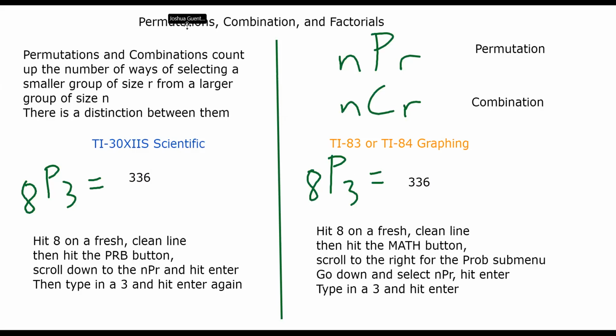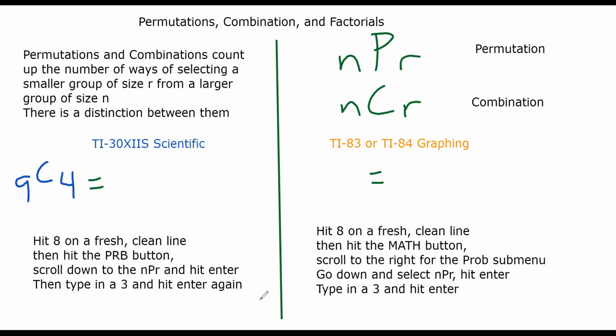Let's say you want to do a combination. Combination is slightly different from a permutation. Let's say you want to do 9C4. It's going to be almost identical.